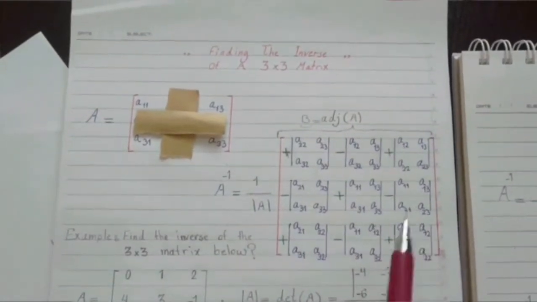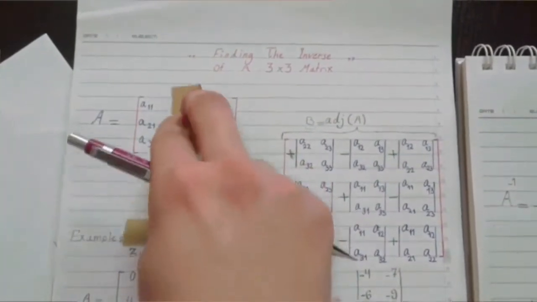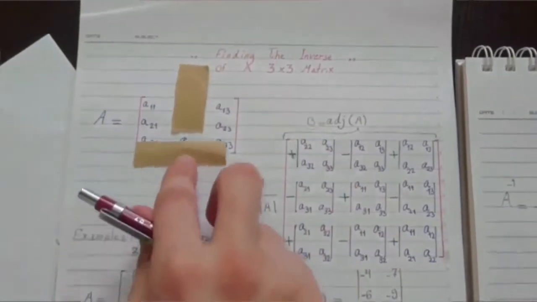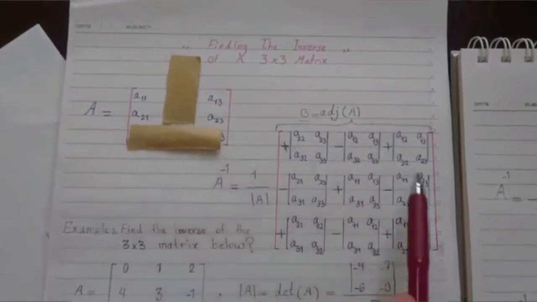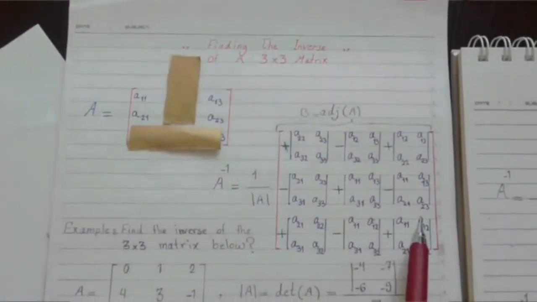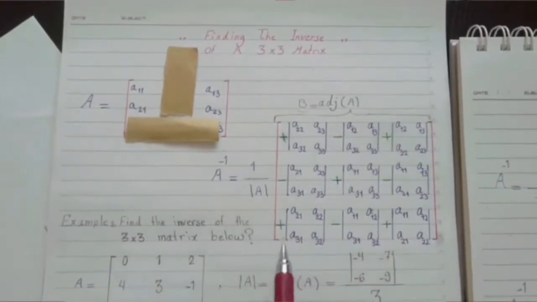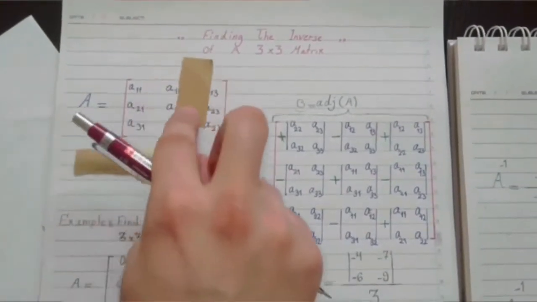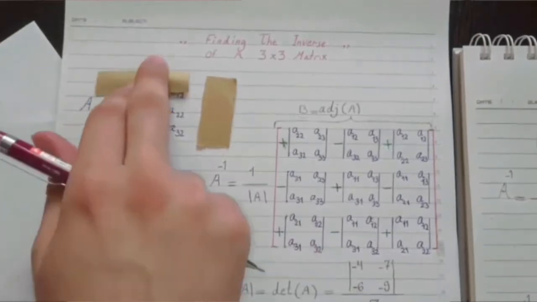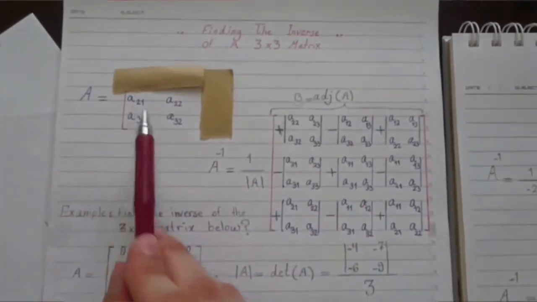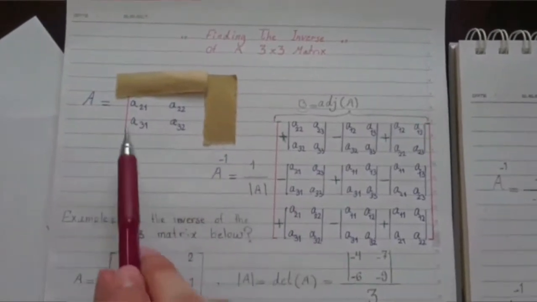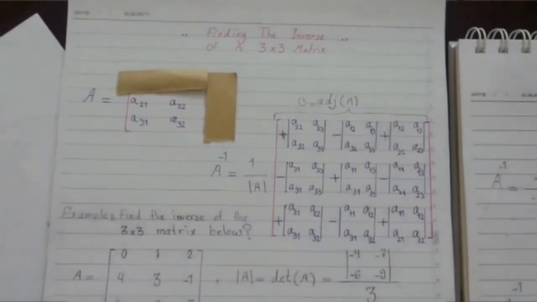The entry B sub 2 3 is equal to the determinant of the matrix of ignoring the second column and the third row that we are left with: A sub 1 1, A sub 1 3, A sub 2 1, and A sub 2 3. And entry B sub 3 1 is equal to the determinant of the matrix of ignoring the third column and the first row that we are left with, which is going to be A2 1, A sub 2 2, A sub 3 1, and A sub 3 2.